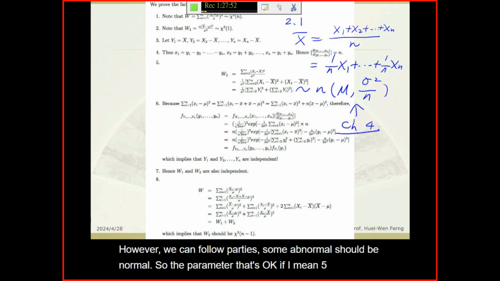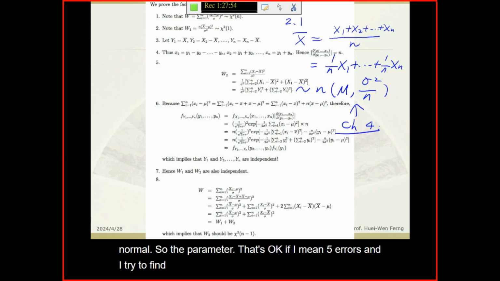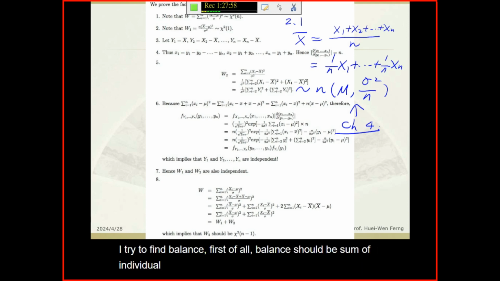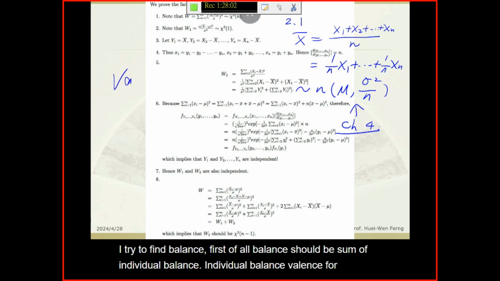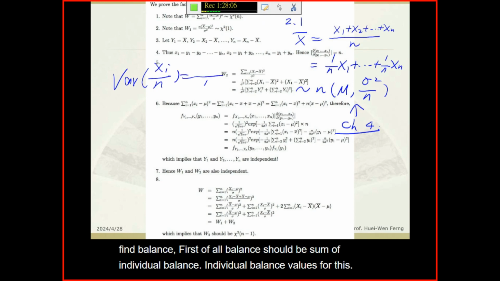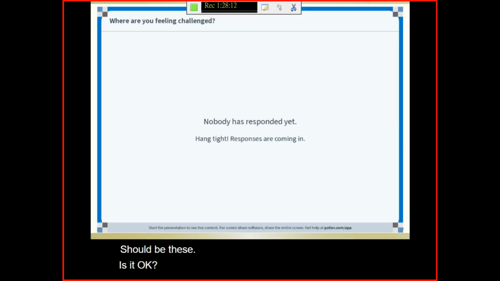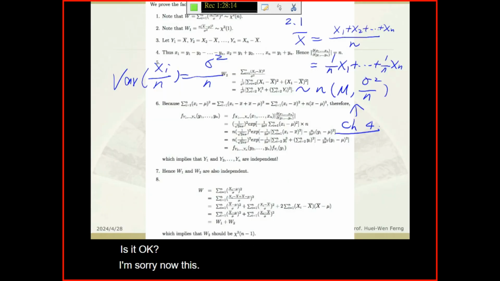And I try to find the variance. First of all, variance should be the sum of individual variances. Individual variance for this should be this. Is it okay? Oh, sorry, not this. Right?